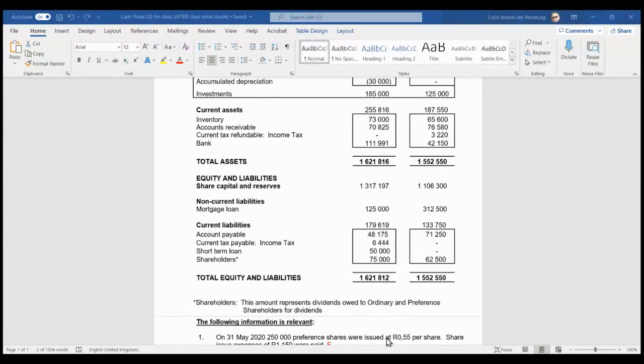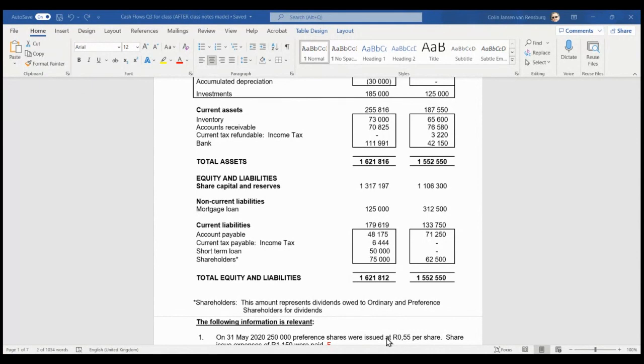Have we accrued any? Yes, thank you, Rita. Thank you, Apiwe. Thank you, Langa. Thank you, Milton and Bonga and Nkubile and Simamkele. All of you are correct. There we can see it at the beginning of the year. At the beginning of the year, we had current tax refundable under our current assets for income tax.